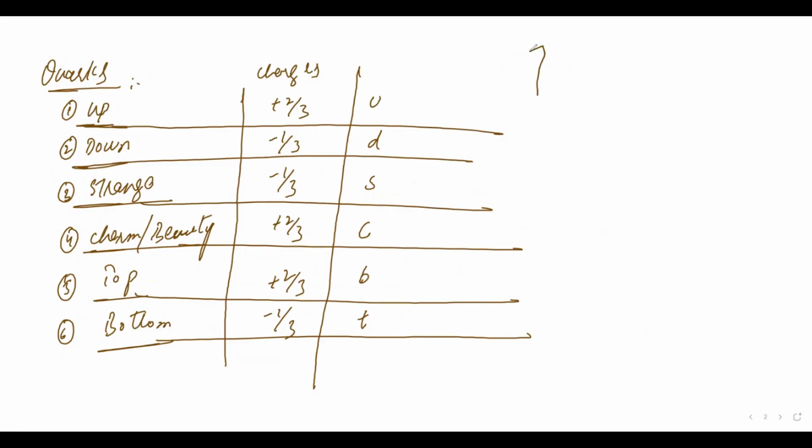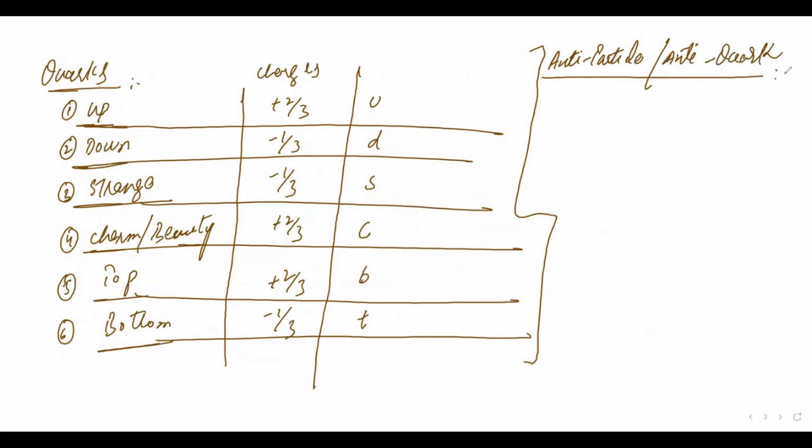But there is also one important thing that is understood. For every quark, there is an antiparticle as well, which is known as an anti-quark. Whenever you've got the first one, up, what is going to be the antiparticle of up? That has to be anti-up, represented by U with a slash.